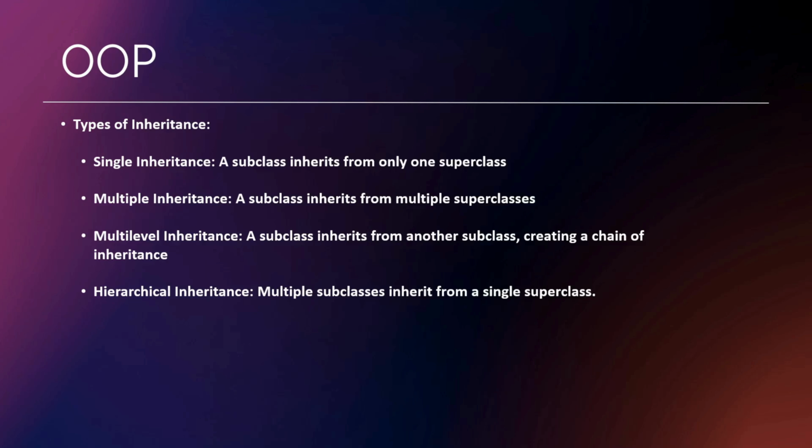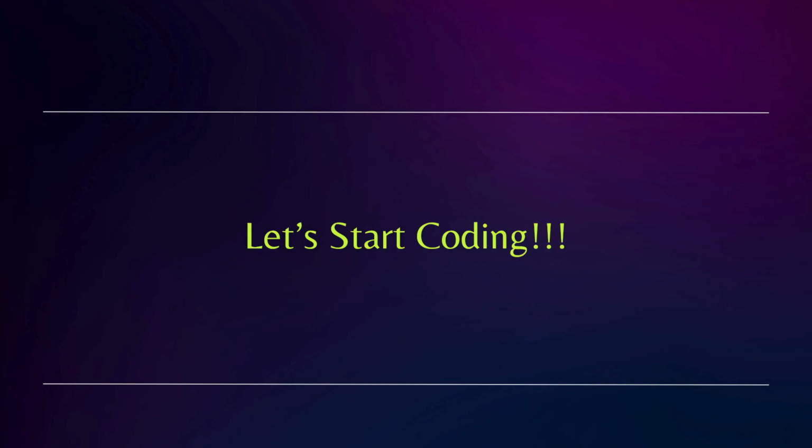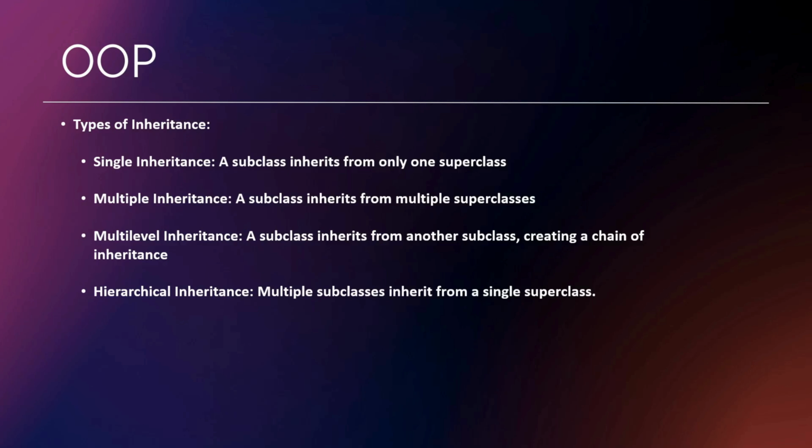One is a parent, then there is a child, then that child has another child, that child has another child. So this creates a chain or a multi-level inheritance. And then we can also have hierarchical inheritance, where multiple subclasses inherit from the same superclass. We will have a look at some of these in the code.